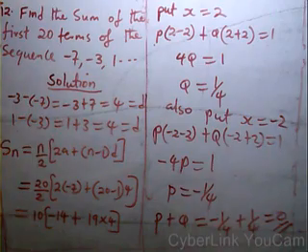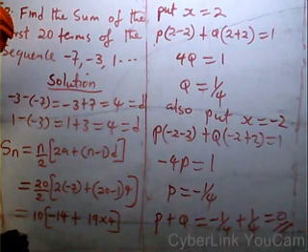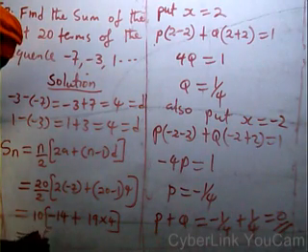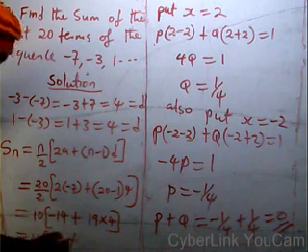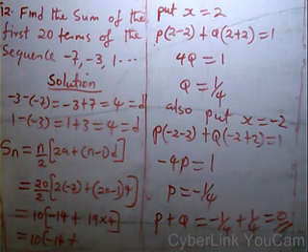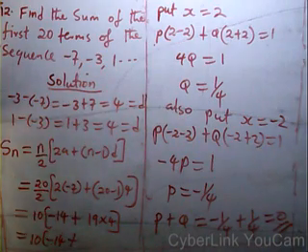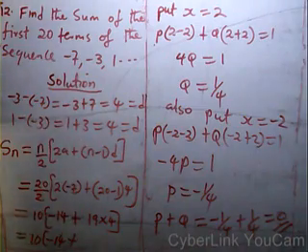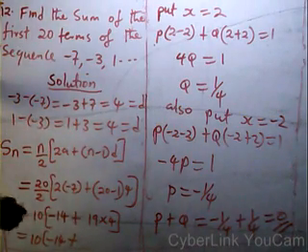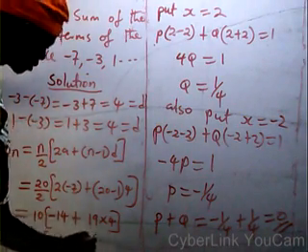I can go a step further. I have minus 14 plus 19 multiplied by 4, which is 76.